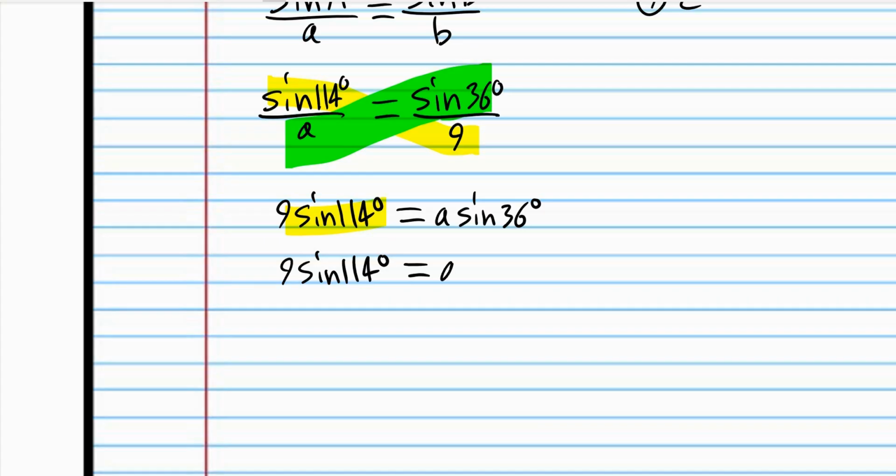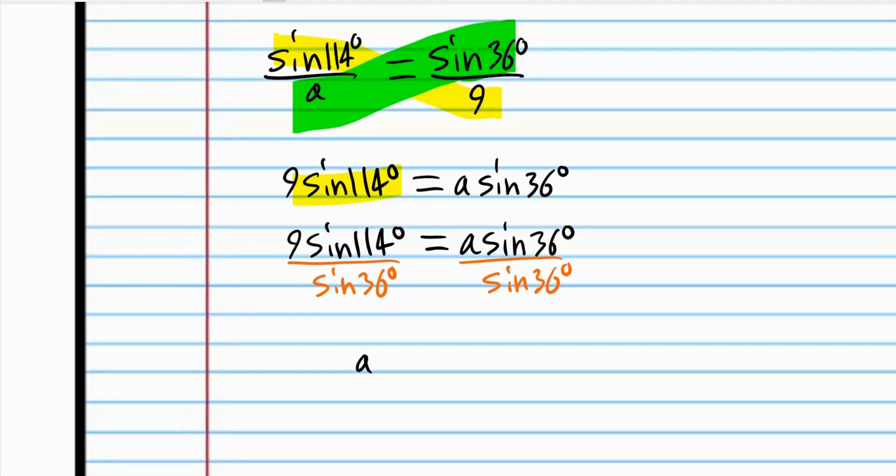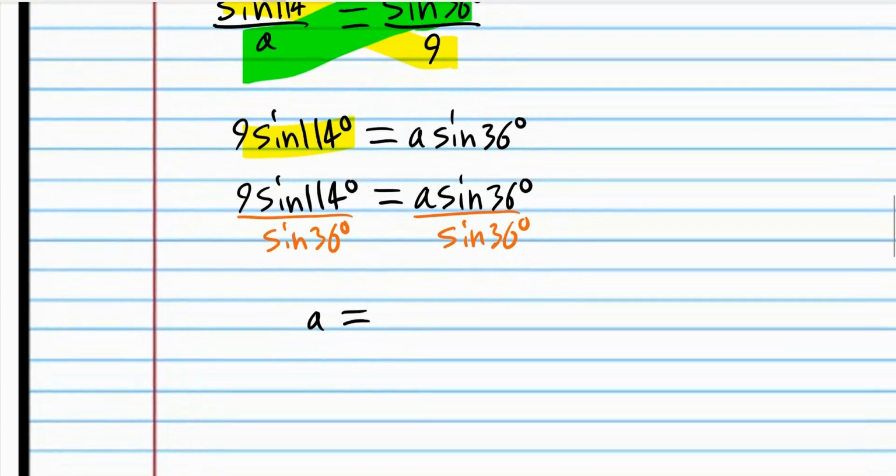You can actually just do the algebra in your head. And I'm not going to show all the work each time that we do this, because that would get pretty tedious for you to have to watch, because it's the same algebra every time, pretty much. Well, there are some variations of these problems. If you're looking for an angle, then the algebra is going to be actually easier. So A is equal to 9 times sine 114 degrees over sine 36 degrees.